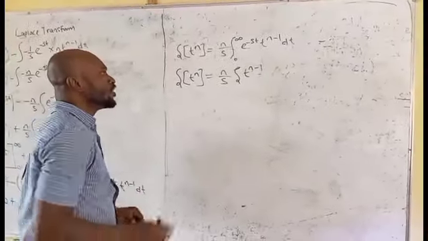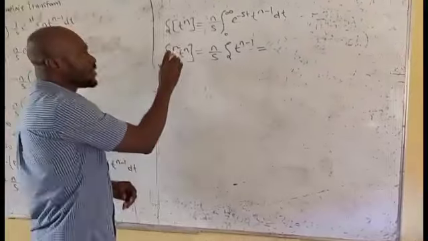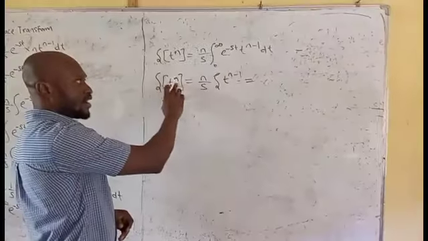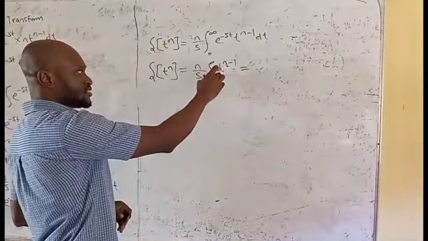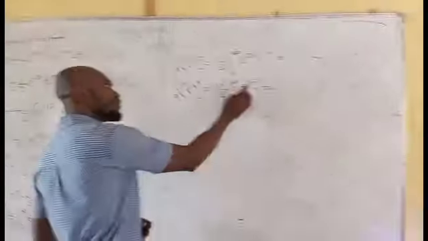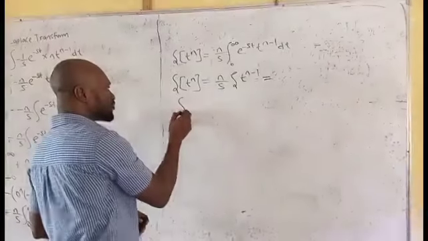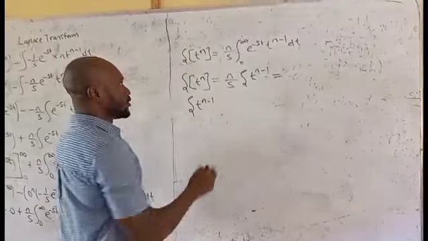Now, assuming you have t raised to the power of n and you have n over s, then you look for the Laplace transform of t raised to the power of n minus 1.